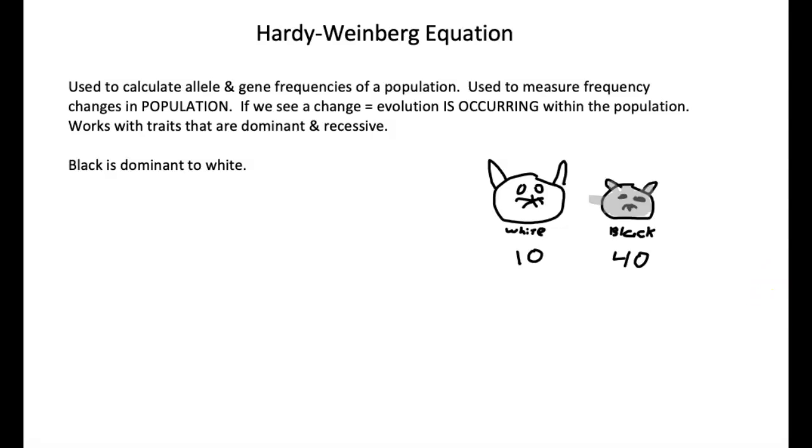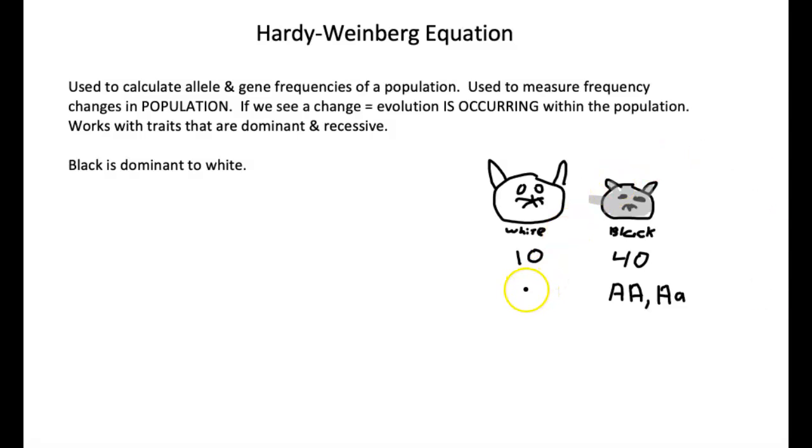Now, the challenge is in a dominant recessive relationship, any black cat could be homozygous, big A, or they could be heterozygous. So looking at a black cat, I don't know what genotype or what alleles they carry to be black. I only know they have a dominant A allele.